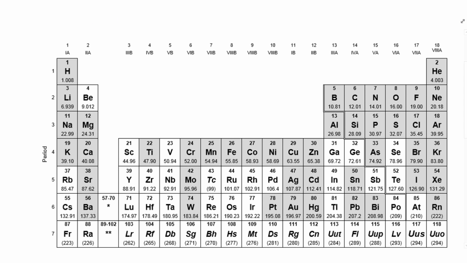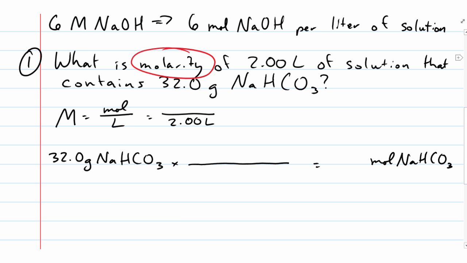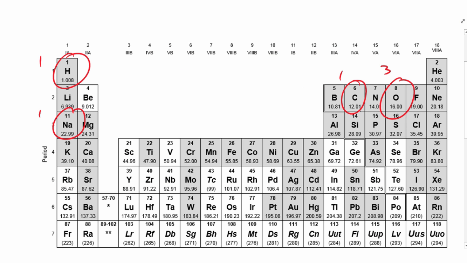We need the sodium, we need hydrogen, we need a carbon, we need one of each of these, and then we need how many oxygens? 3 of those. So we add up those atomic masses. Let's go ahead and do that. Once we add all of those up, we wind up with 84.01.